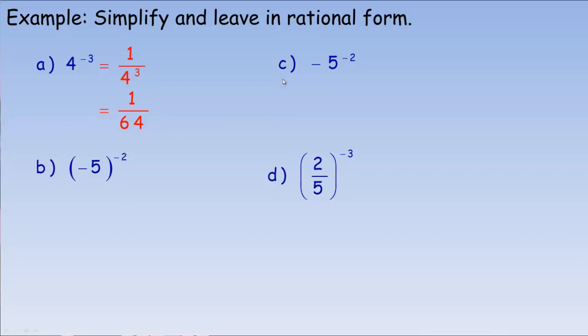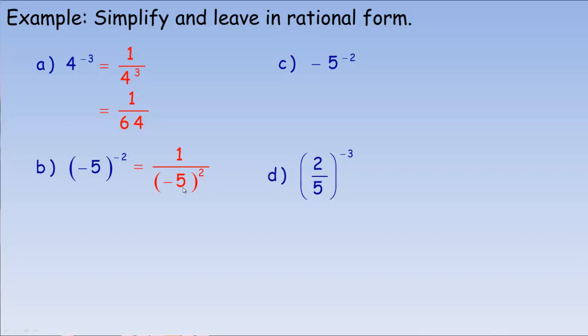B here. Now, B and C are kind of similar. The brackets are the difference, and I want to show you what the difference is between those. So very similar to A here. This would be the same as, again, because the exponent's negative, 1 over what's in the base here, the negative 5, raised to the power of exponent positive 2.